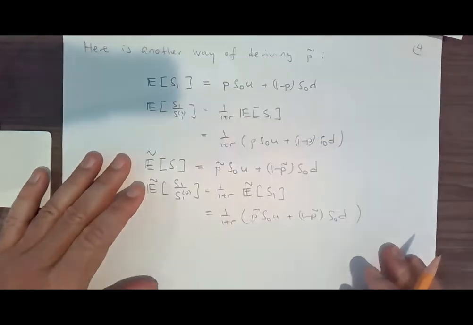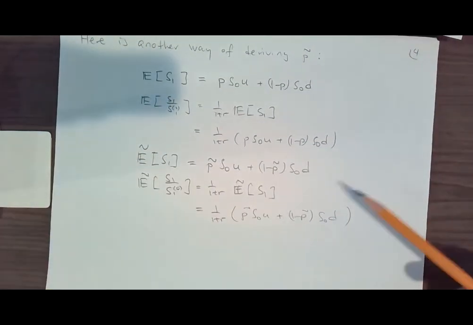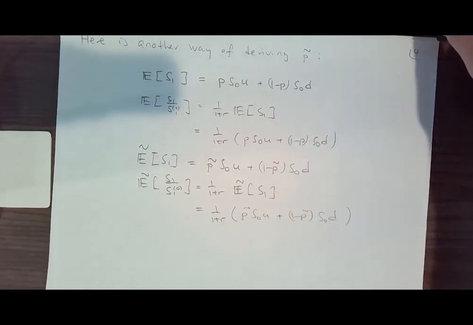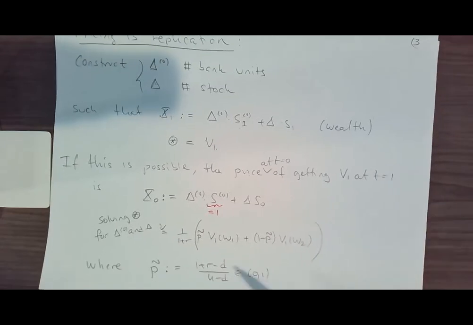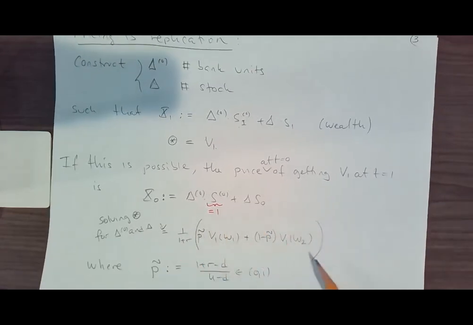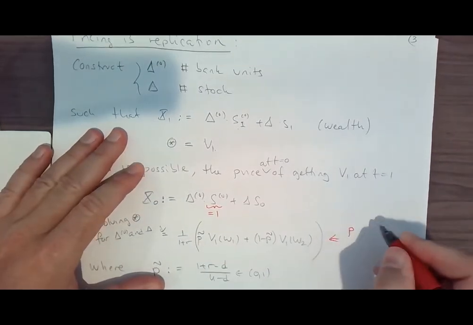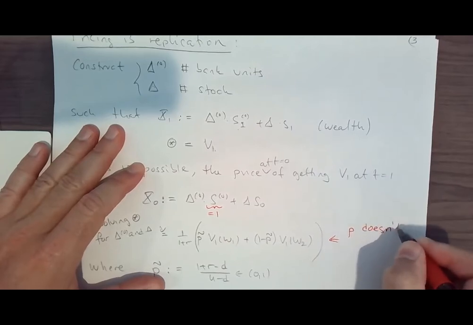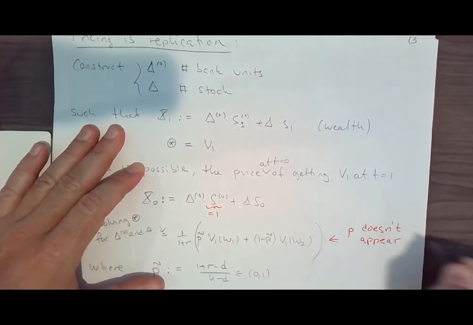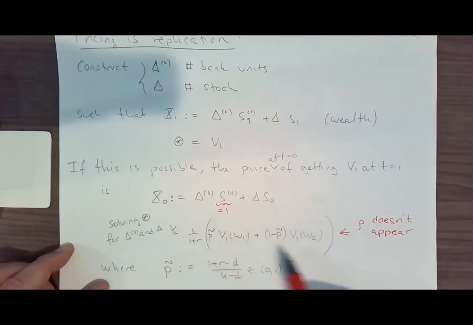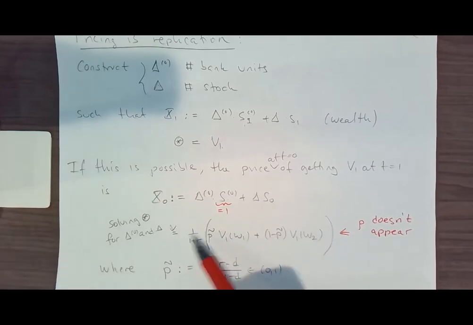Right, so here there are 4 expectations that I have computed. The first 2 involve p, and the last 2 involve p tilde. And when we look at the formula we had from Mathematica, you can see that there are no p's here. There's no p in this expression. P does not appear. That's something to keep in mind. There is no p inside this expression here. There's 1 plus r, then there's this p tilde. P tilde is given in terms of r, d, u.